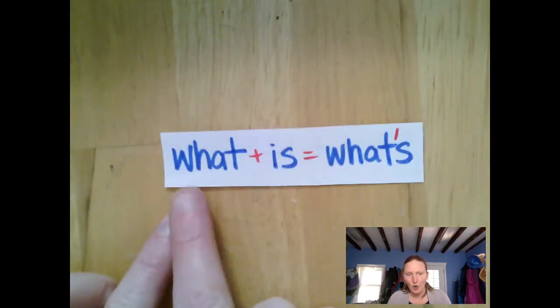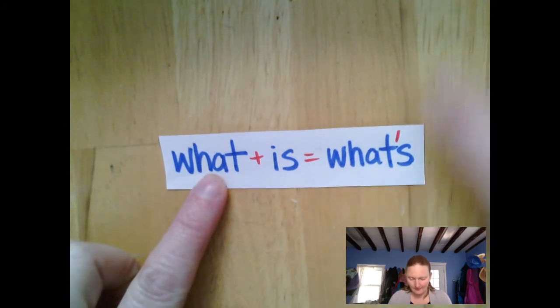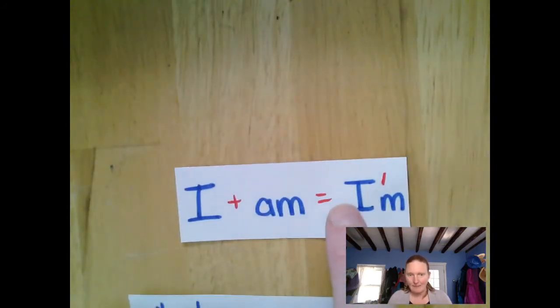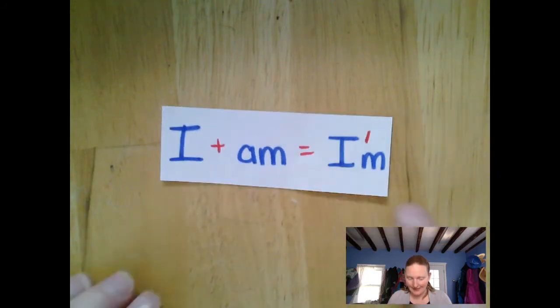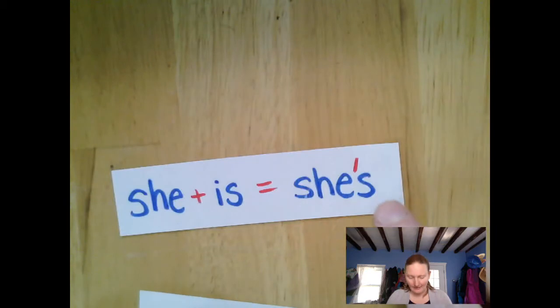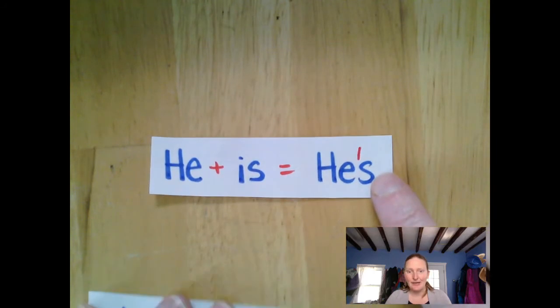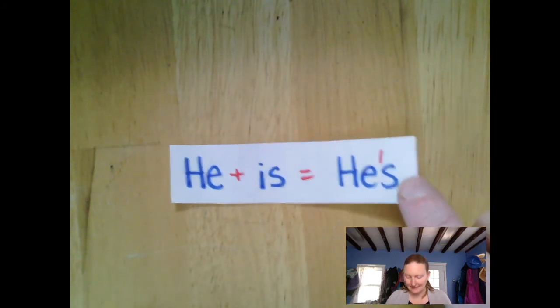Here are a bunch of other contractions. What is becomes what's. I am becomes I'm. She is becomes she's. He is becomes he's.